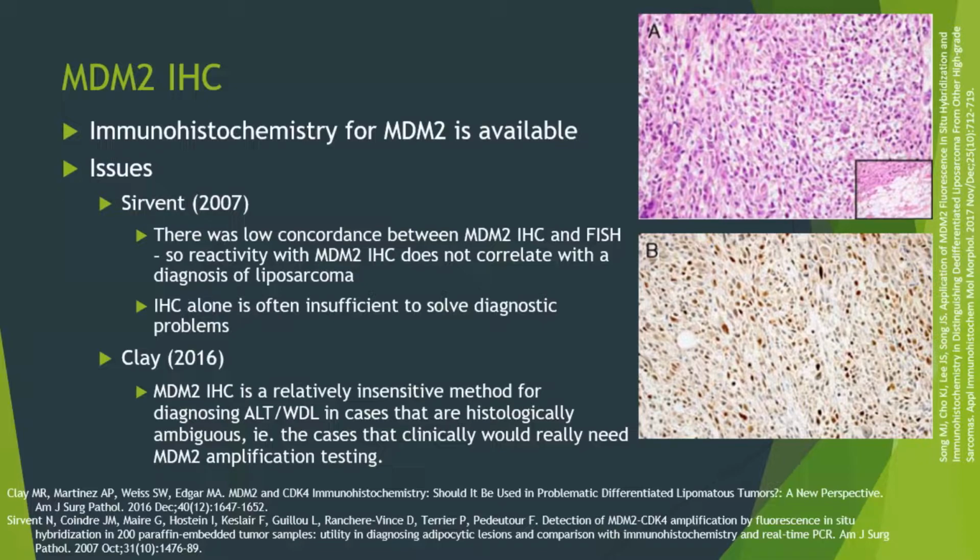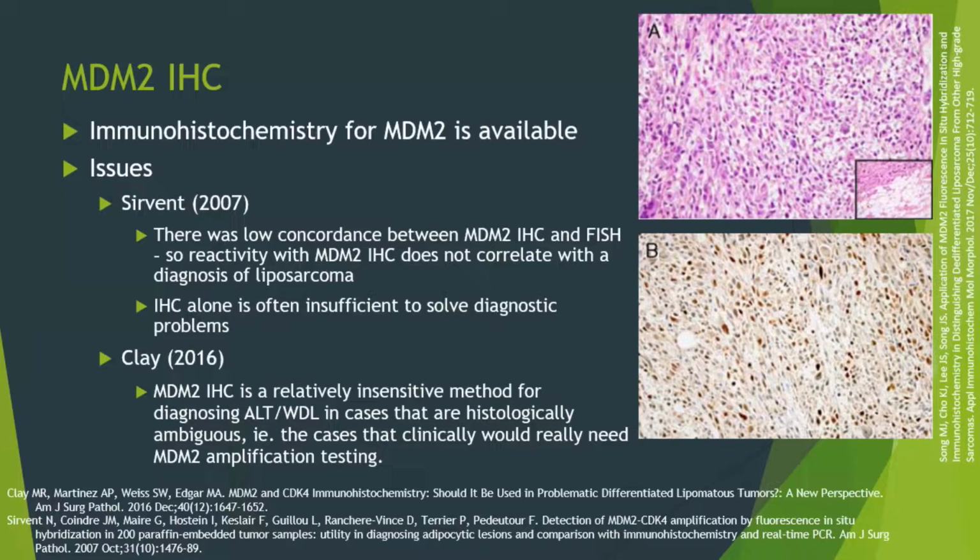So, Sirvent in 2007 tested the concordance of IHC, FISH, and quantitative PCR, qPCR, for MDM2 amplification in 200 adipocytic tumors. In their series, FISH and qPCR results were largely concordant, but IHC had poor concordance with the FISH and qPCR results. So, they recommended to use FISH or qPCR if the IHC is not helpful.